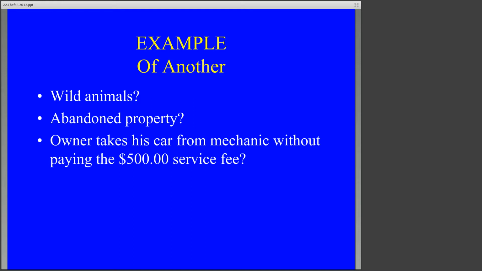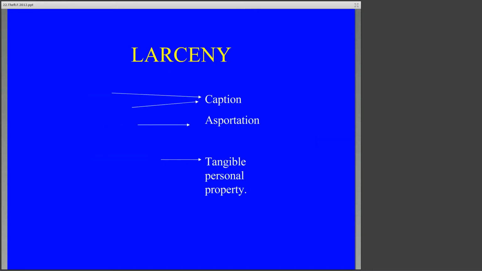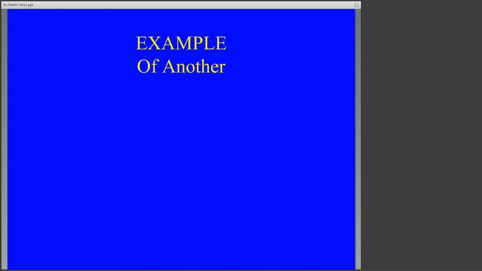It's not of another. What about this hypothetical? The owner takes his car from a mechanic without paying the $500 service fee. Would that be theft in the common law? Are you taking property? If you look strictly at the definition, you're not taking valuable personal property.